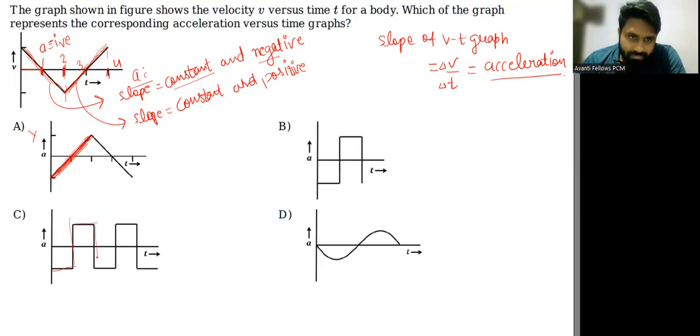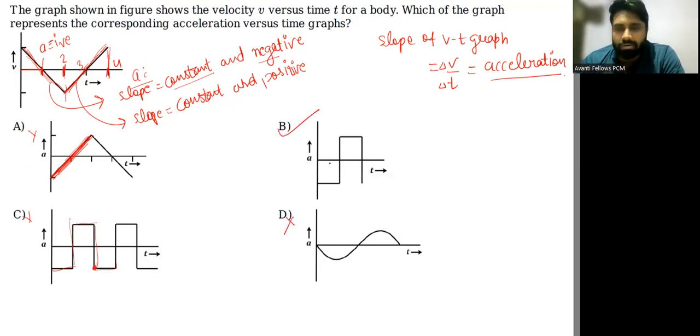But at this point, it becomes negative again up to this point, and then again positive. But here the graph is restricted only to these 4 points, so this cannot be the possibility. This obviously cannot be the possibility because here the acceleration varies.